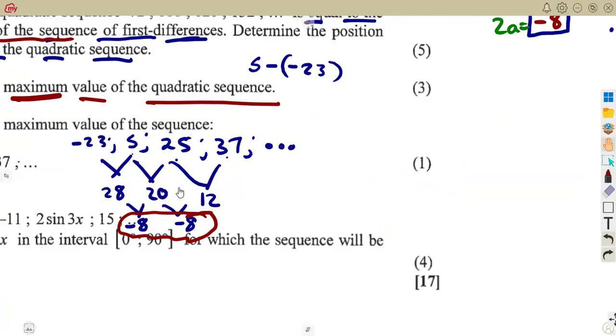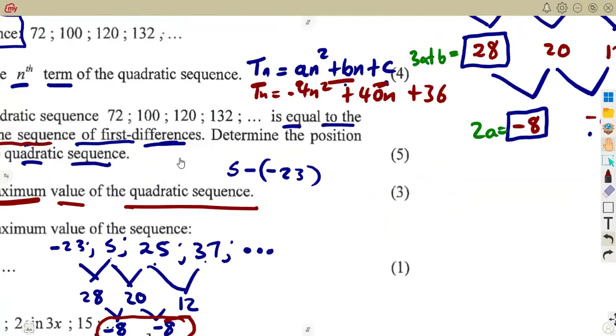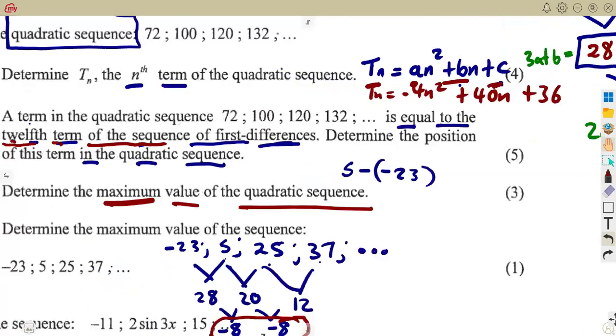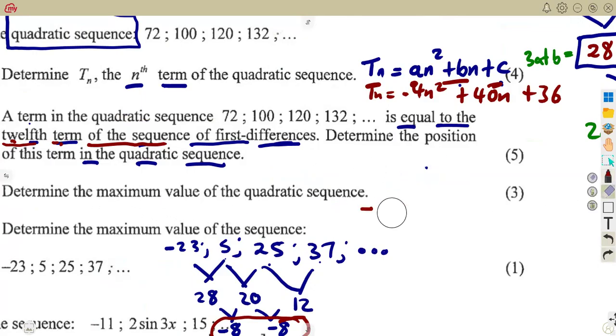It is the same sequence as before, the sequence we are seeing here. Remember, it had the numbers 72, 100, and so on. It simply shows it was a continuation of the sequence we had before. It's from the same sequence.